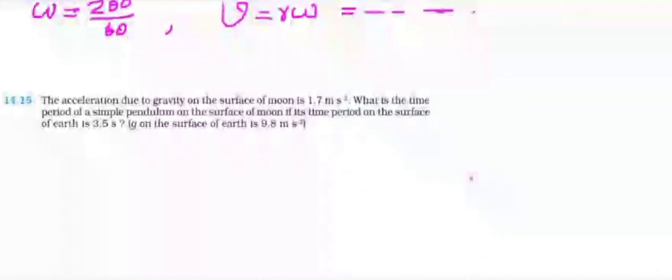Then question 50. The acceleration due to gravity on the surface of the moon is 1.7 meter per second square. Take it as g moon. What is the time period of a simple pendulum on the surface of the moon? You have to calculate Tm.